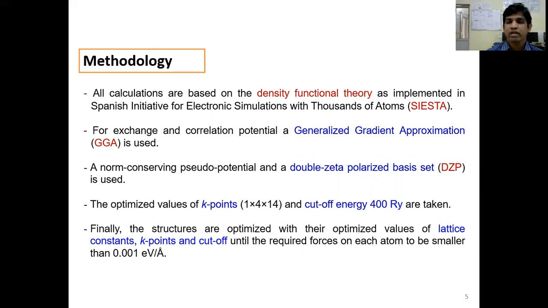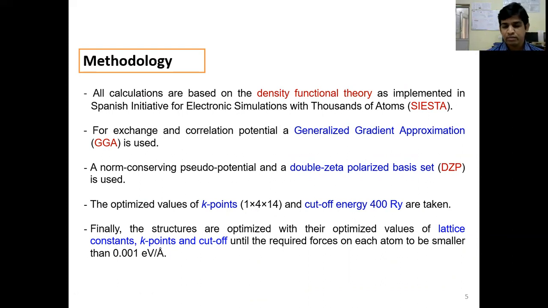First of all, we should have XYZ coordinates, and then the minimum energy required to keep in a cell, that is called the cutoff energy. For further electronic properties, in the density of states analysis and band analysis, k-points will be required. K means 2 pi upon lambda, the propagation constant. K-points along the X, Y, Z axes are required, as well as the box size must also be optimized.